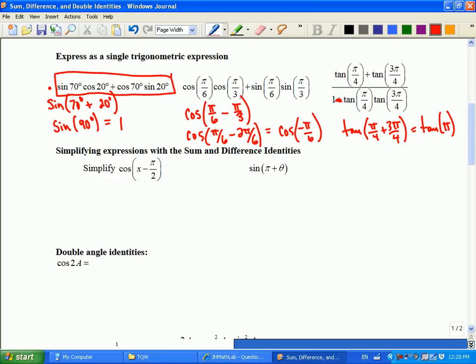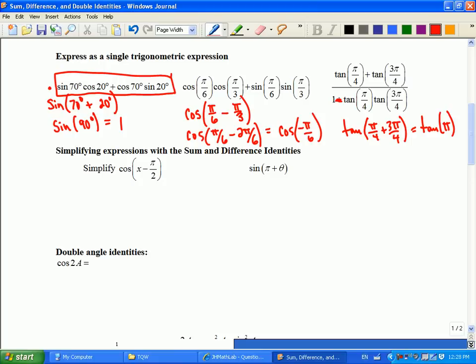Okay, so let's take a look at cosine of x minus pi over 2. And if we simplified this, what would we end up getting? So try simplifying like you did last day. Expand out the identity, and then use the exact value at pi over 2 to see if you can figure out what this will simplify to.